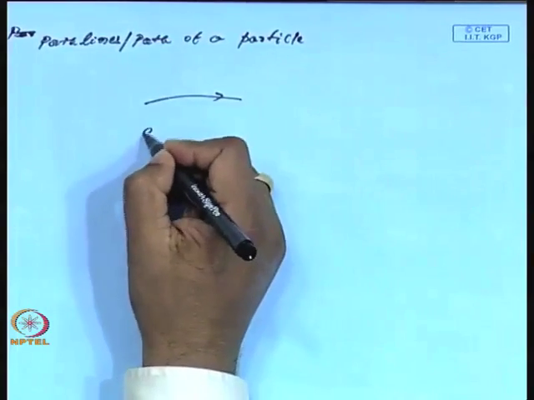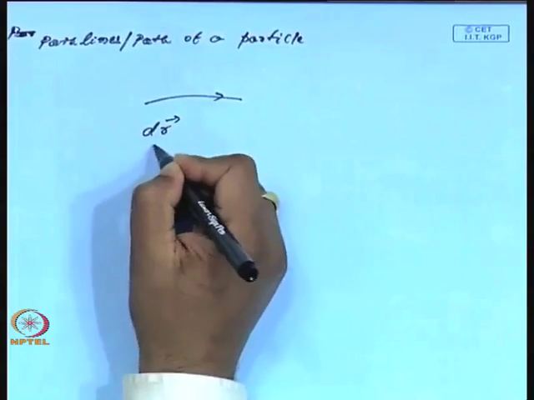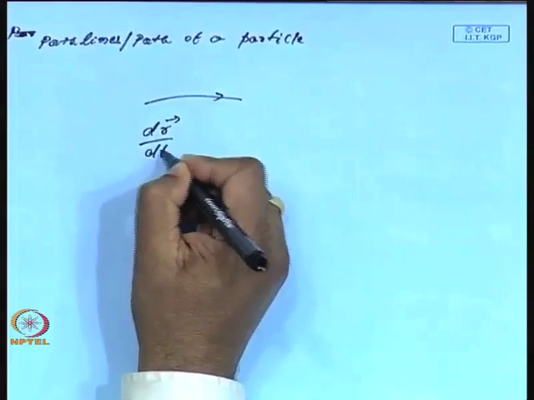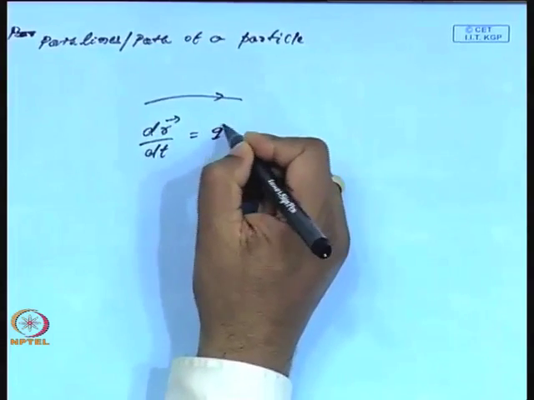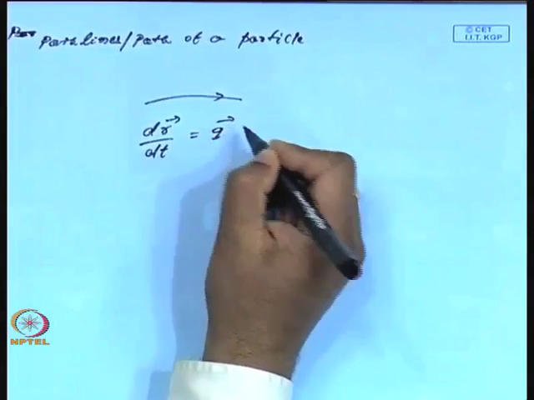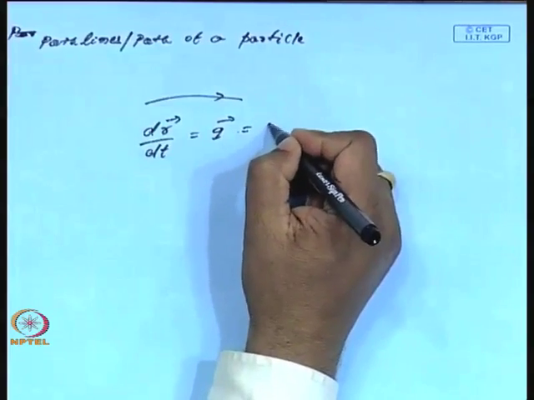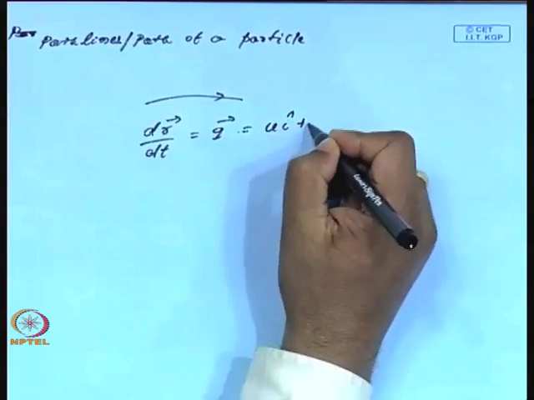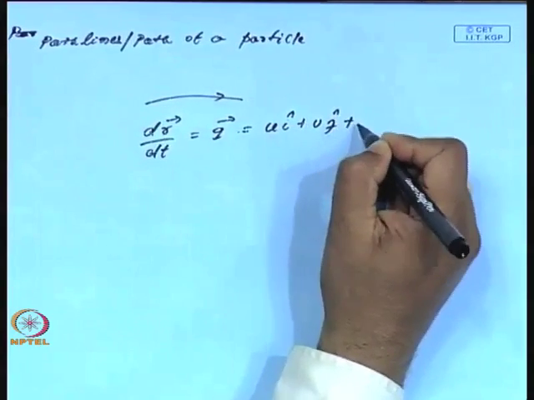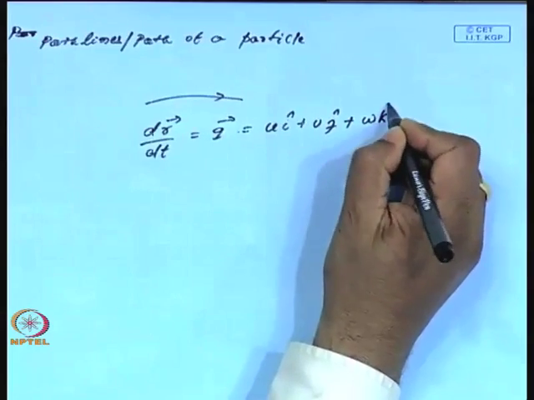So, the differential equation of the path line will be dr by dt, because this will represent the fluid motion. So dr by dt will give you q bar, and what is q bar? Q bar is u i hat plus v j hat plus w k hat.